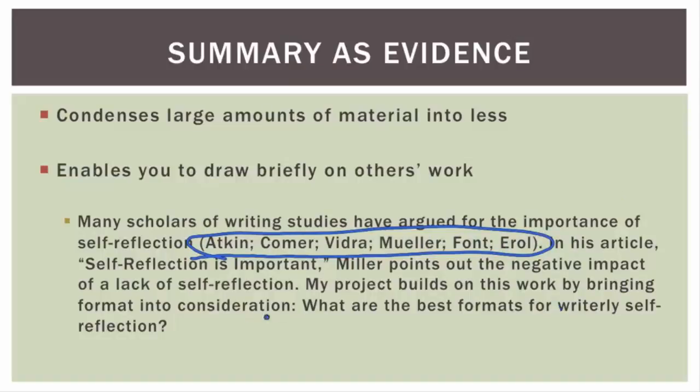In his article, Self-Reflection is Important, Miller points out the negative impact of a lack of self-reflection. My project builds on this work by bringing format into consideration. What are the best formats for writerly self-reflection? So summary enables you to draw on prior scholarship, a map of the field, so that you can situate your own argument within this larger trajectory.